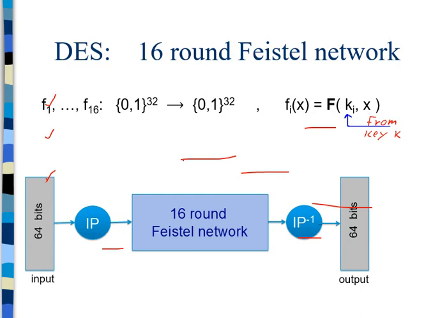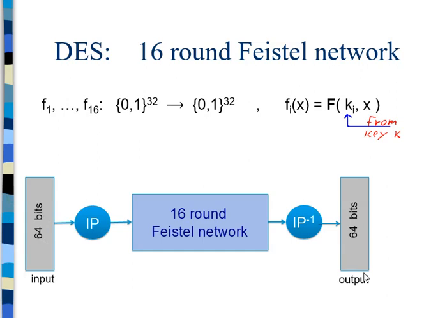Okay, the last part of this lecture is introducing DES. In fact, DES is a kind of Feistel network with 16 rounds. The input block size is 64 bits, the same for the output block size.